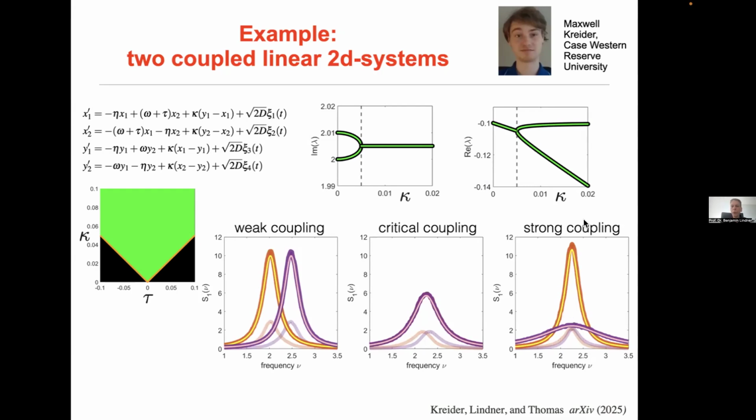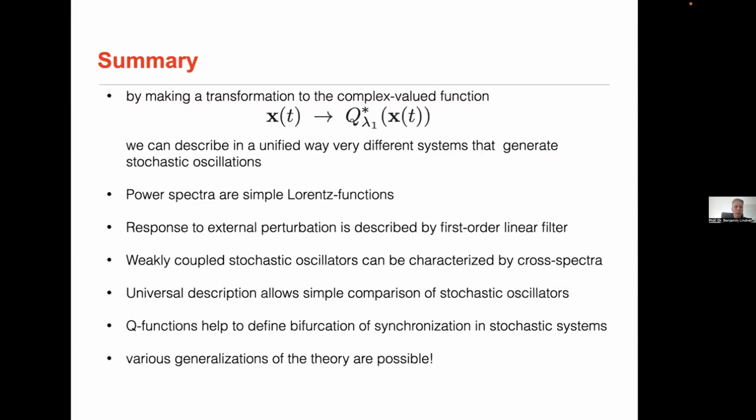And then if you go to even stronger coupling, you get a very peaked function. Now it turns into a big oscillator where you have a well-defined first mode that has a real part much smaller than that of the next eigenvalue, which is much larger and is associated with the width of the peak.